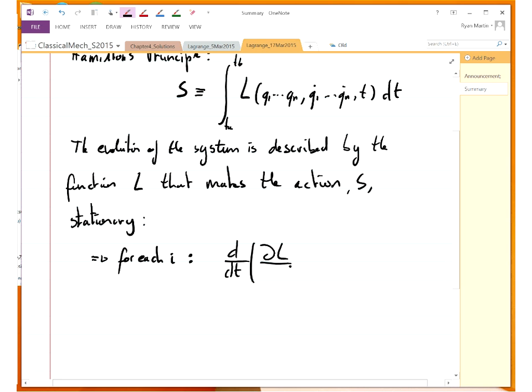So the Euler-Lagrange equation, hopefully you didn't forget it in spring break: d/dt of ∂L/∂q_i dot minus ∂L/∂q_i equals 0. So there could be another term there if there are non-conservative forces, but we're moving towards just ignoring those and trying to understand the more deep fundamental issues or concepts of classical mechanics.